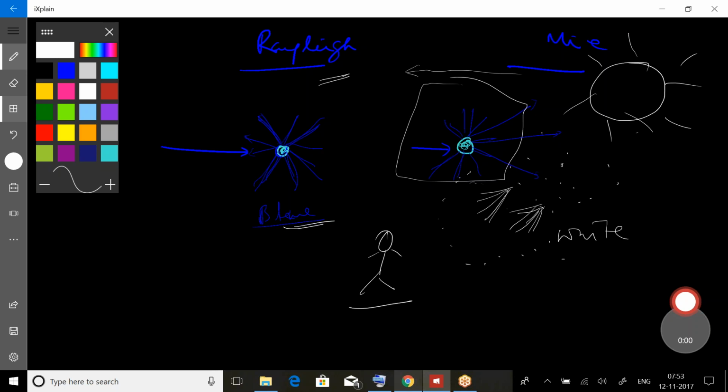So there is a transition from blue to white, because here the small particles can effectively scatter light at a large angle, and smaller wavelengths display Rayleigh scattering much more than the larger wavelengths.